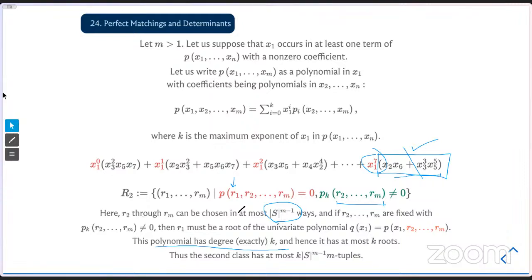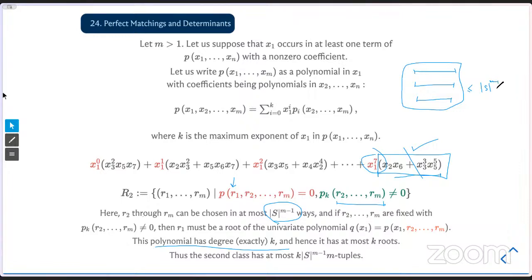Otherwise, your first filter will fail. So the same idea: you take the last M minus 1 things and you count them. Last time we counted them using the induction hypothesis. This time this is just a loose count, saying this is at most size of S to the M minus 1. So nothing fancy going on there.